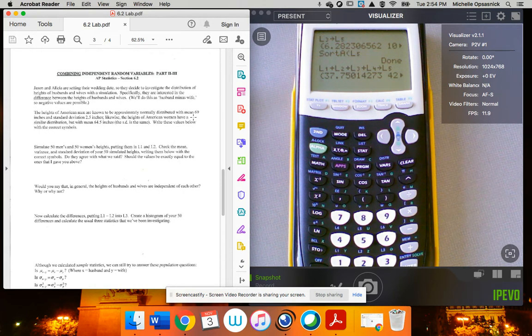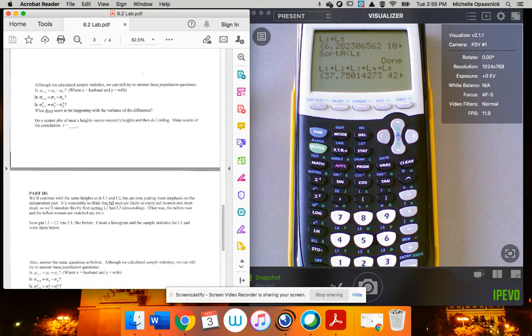So here it says men have a mean of 69 and a standard deviation of 2.5. So you would do the random norm function 69, comma 2.5, comma 50 to simulate 50 men's heights. And then you would do the women with their mean and standard deviation and 50 heights. And then you can kind of follow along with the steps here.